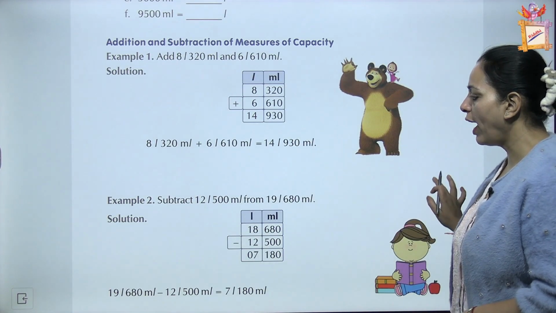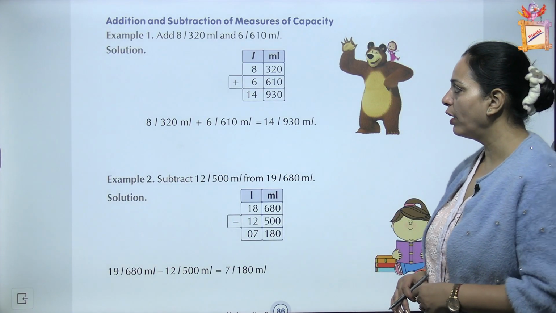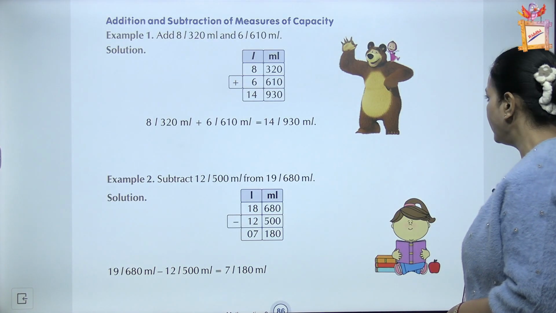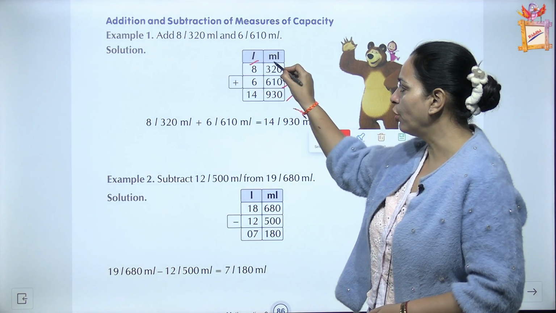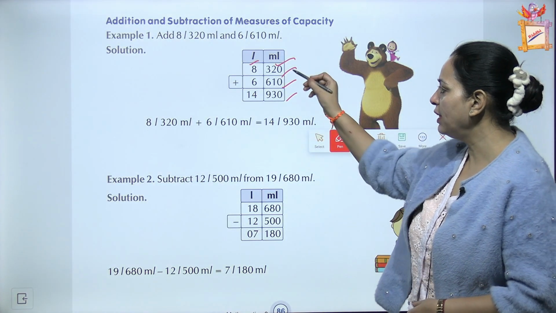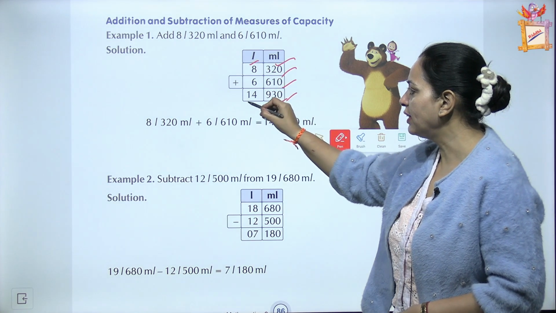Now we are talking about addition and subtraction of measures of capacity. Example 1, add 8 liter 320 milliliter and 6 लीटर 610 मिलीलीटर। तो लीटर और मिलीलीटर के कॉलम्स बना लेंगे. राइट द नंबर्स, एड मिलीलीटर, what we are getting 930 and liter 14.